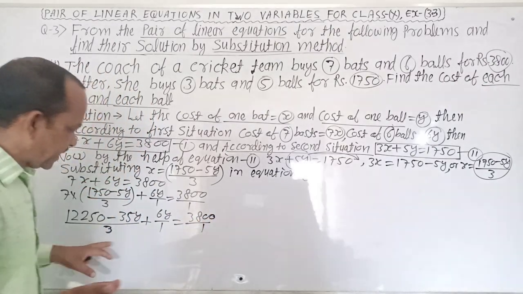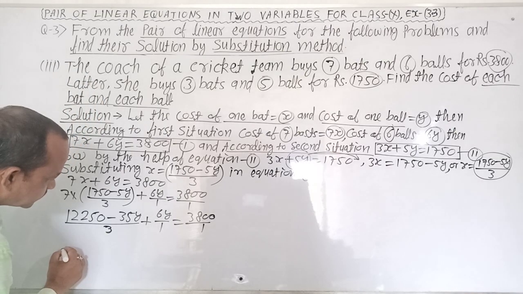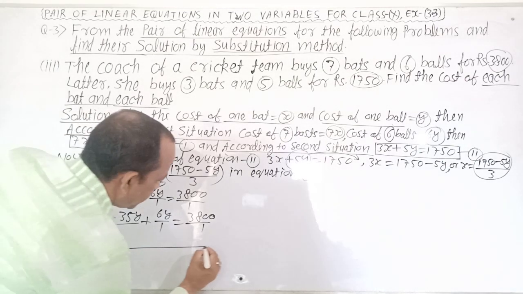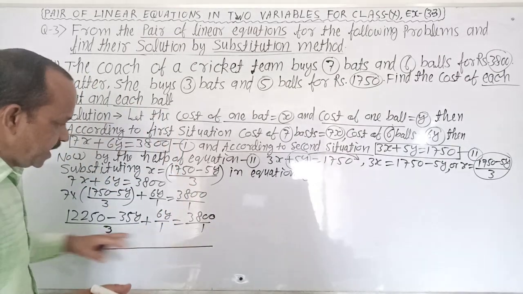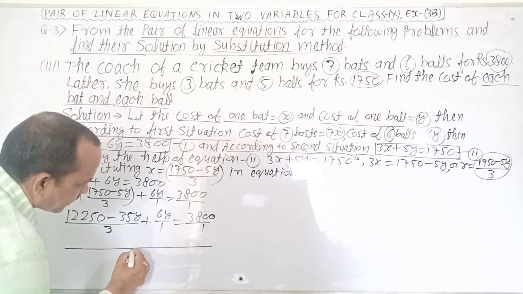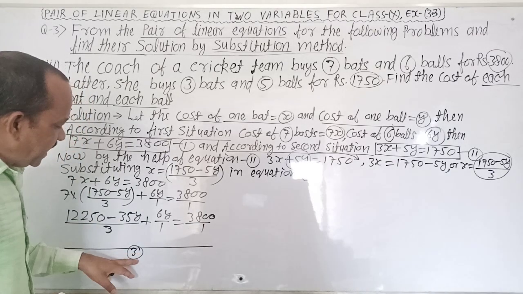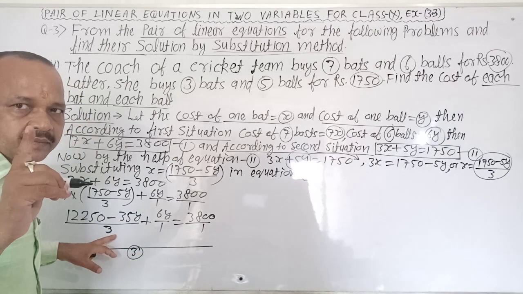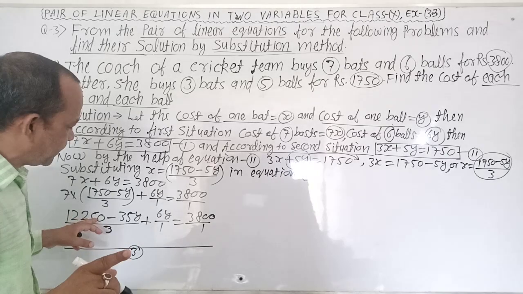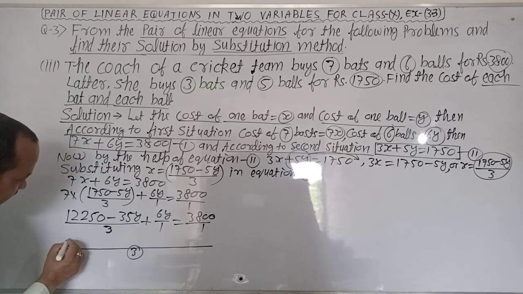You can take here the LCM of all, LCM of 3, 1 and 1. Here you divide 3 by 3, it becomes 1. 1 multiply by 12,250 minus 35y.